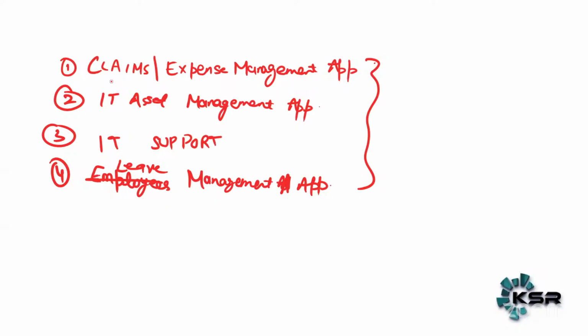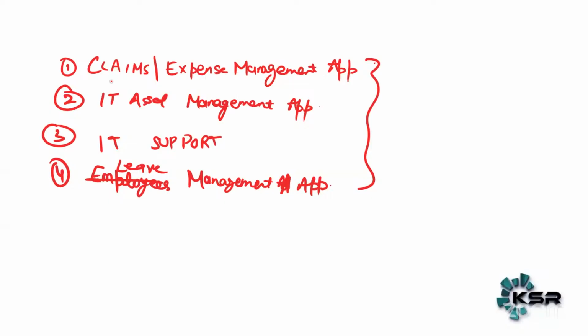Second is IT asset management. All of you will be having assets from IT, like your laptop bags, your accessories. If you want to request something new or get something updated from the IT team, you will be using the IT asset management app.